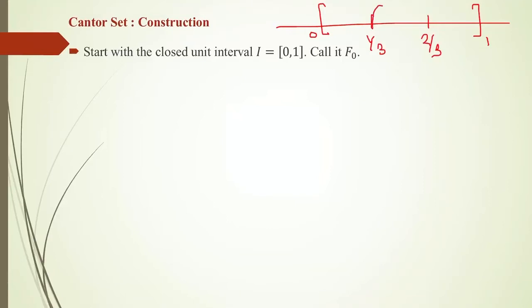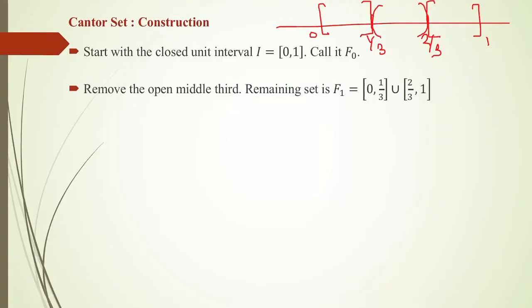Remove the open interval (1/3, 2/3) from this. What remains is the closed interval [0, 1/3] union the closed interval [2/3, 1]. We will call this set F1.